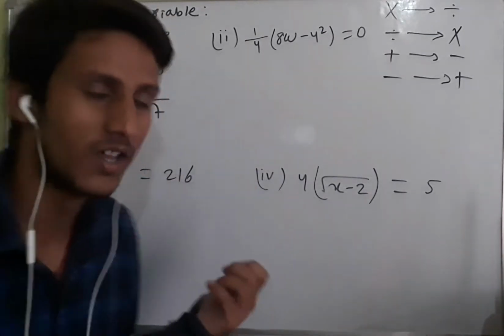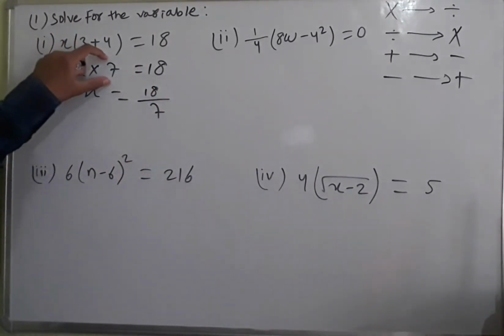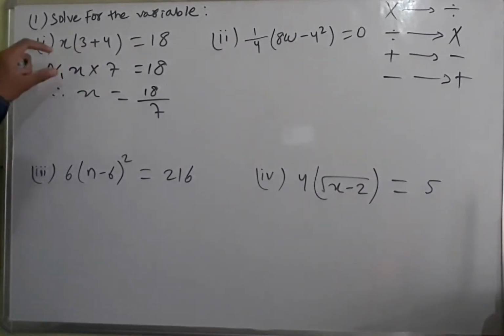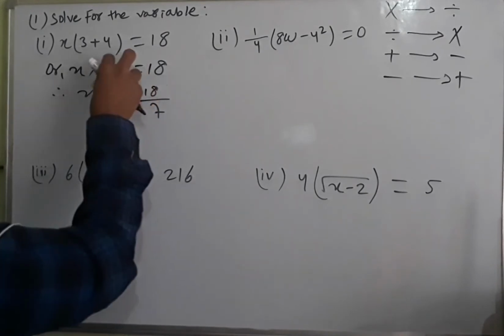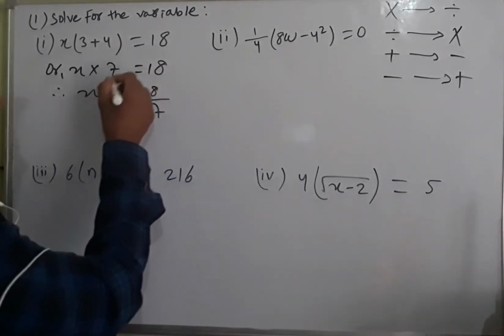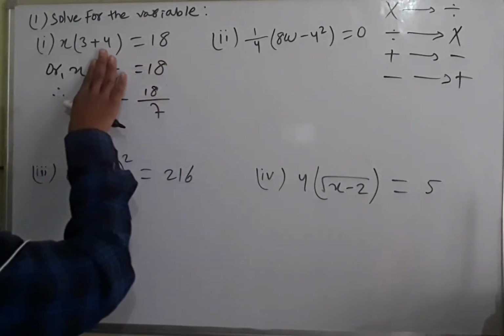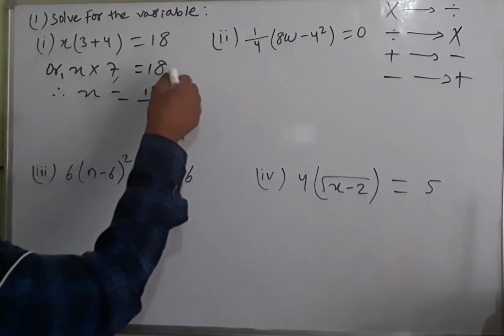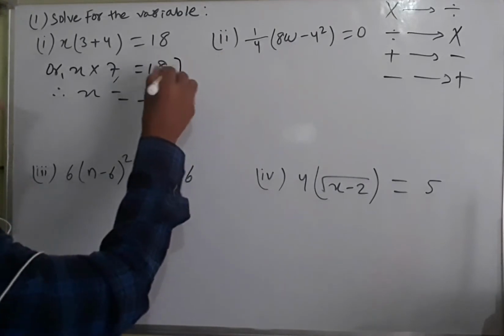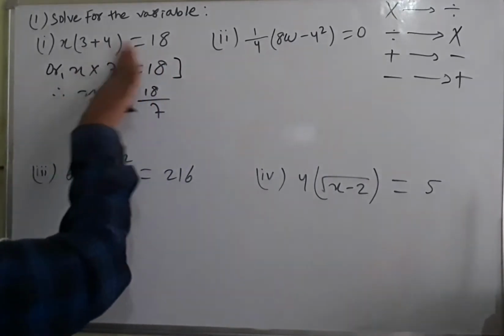It's just a simple rule that if you want to get rid of this and find the value of the variable, and you get rid of the 7, you have to divide, and as you perform division, this disappears, and the division also stays there because you have to divide on both sides. So the division stays onto this side, and this whole part disappears.